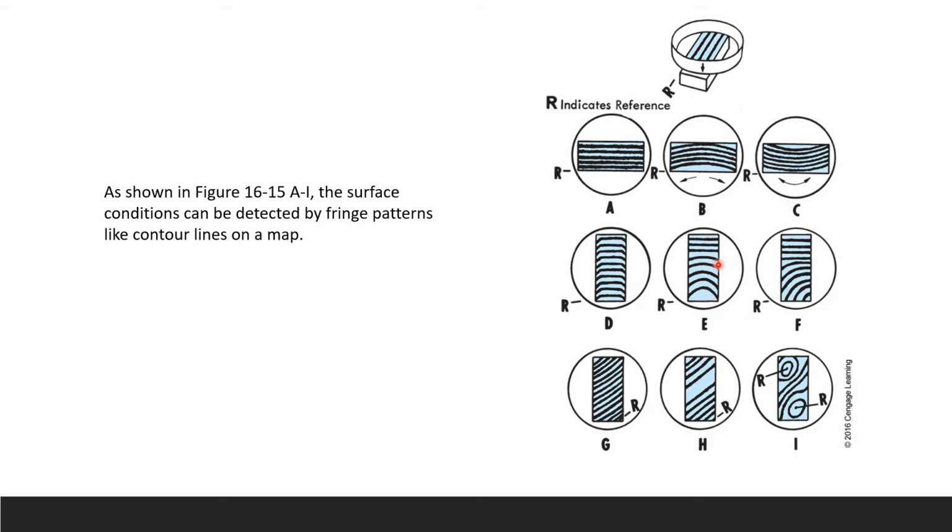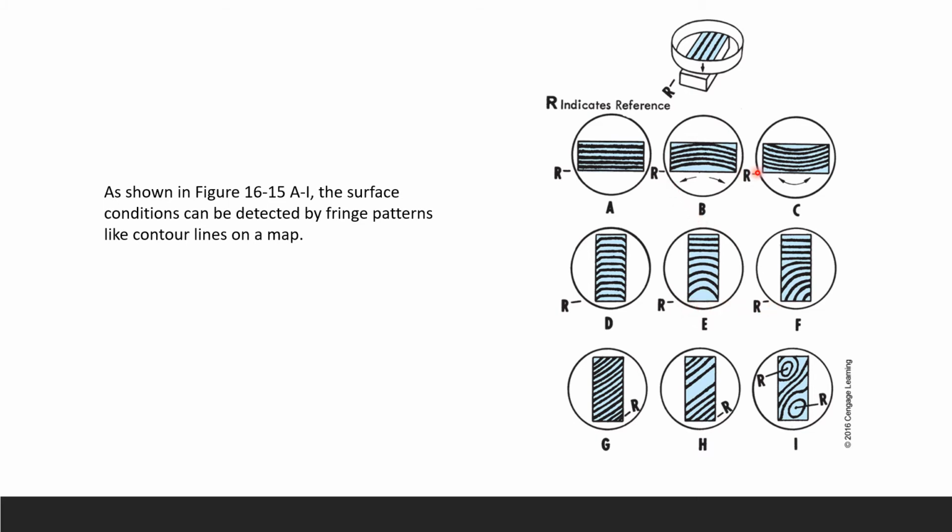So these lines, the fringes, are showing how your surface is going. Here we have a change right there, you can see. There's a change, it goes that way, and then another pattern comes in. Here not so bad, only right here. Reference just means your references were going this way.